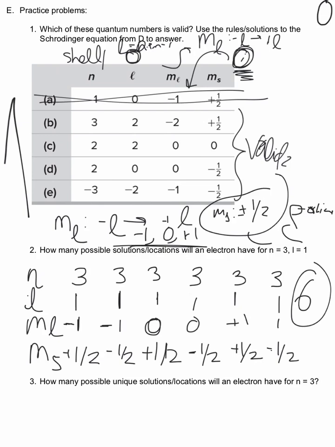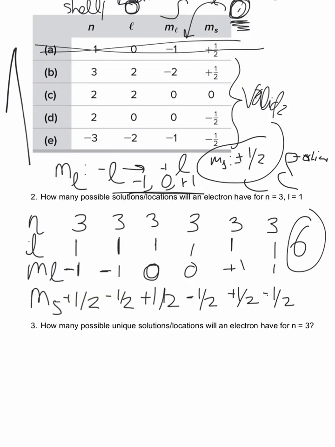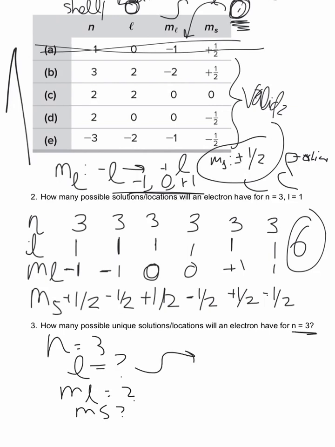Now, in theory, you could also remove the parameter of L and walk through how many solutions you would have for n equals 3, where L, M sub L, and M sub S are not set. In this case, for n equals 3, our allowed values for L are from 0 to n minus 1.